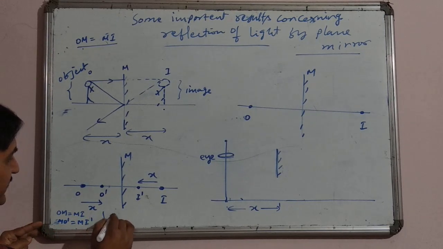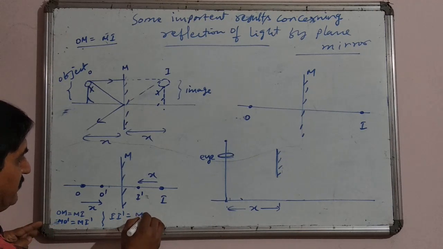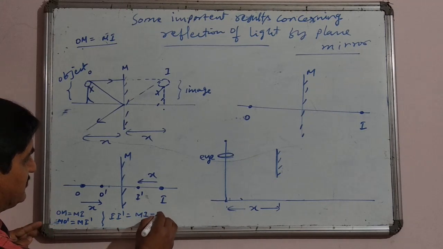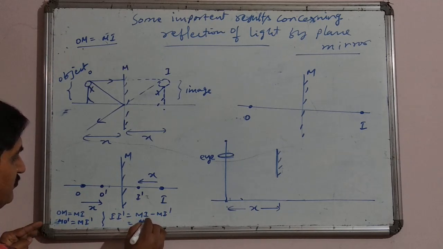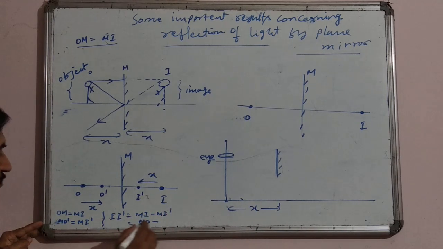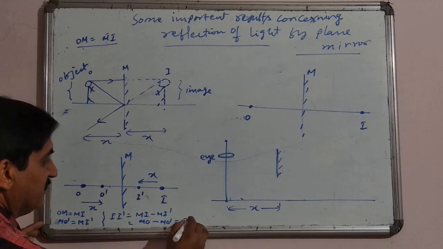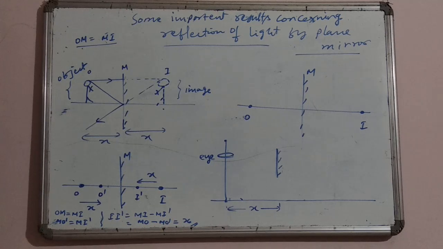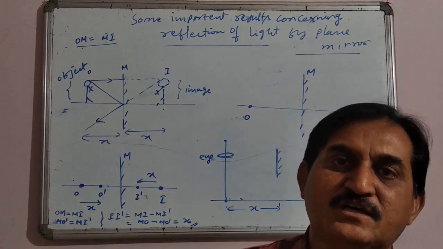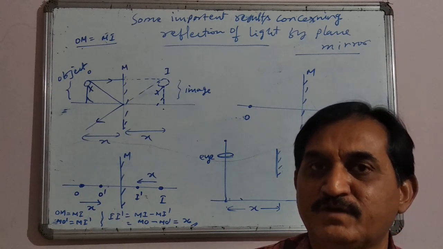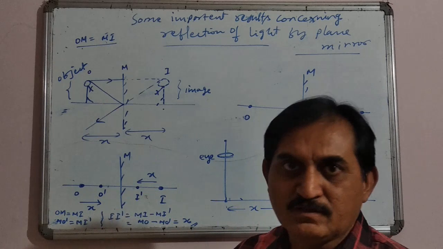So the shift of the image is mi minus mi dash, which equals mo minus mo dash, which is simply x. So whenever the object is shifted by x towards or away from a stationary plane mirror, the image will also shift by the same amount.